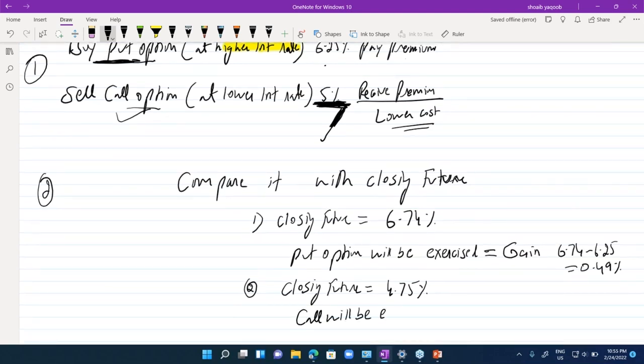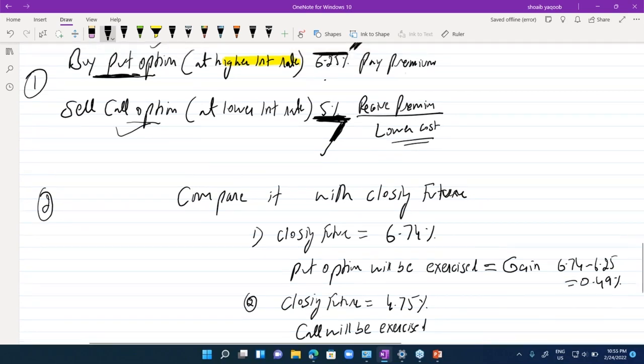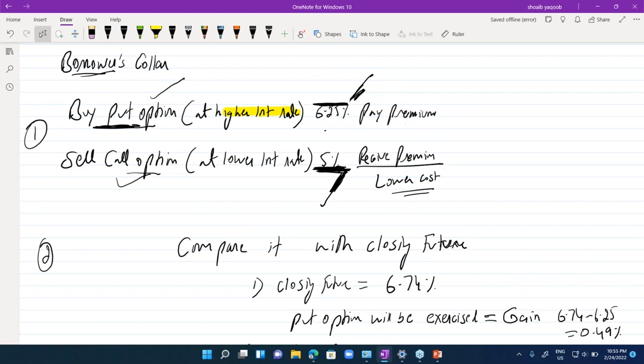Guys, who has the call option? We are the borrower. Do we have the call option or the other party has the call option? Sell call option means other party has the call option, right? Counterparty has the call option.